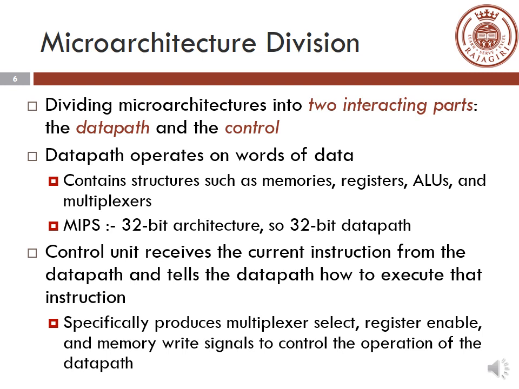The control unit is based on the current instruction and tells the data path how to execute the instruction, using different control signals like mux select, register enable and memory write signals. That's how the control unit works. Combining these two interacting parts, you have your microarchitecture.